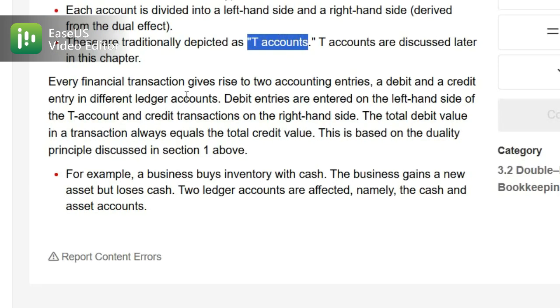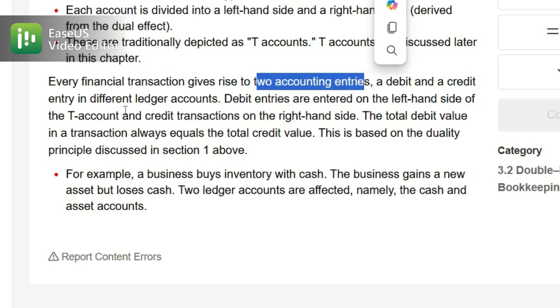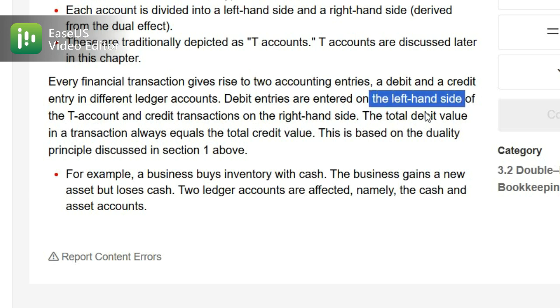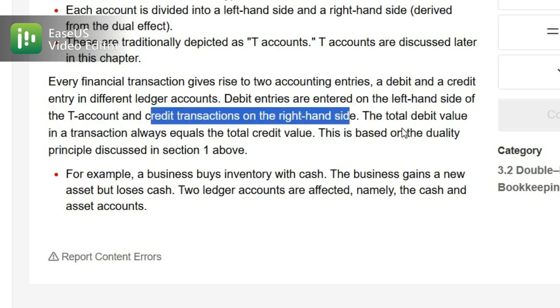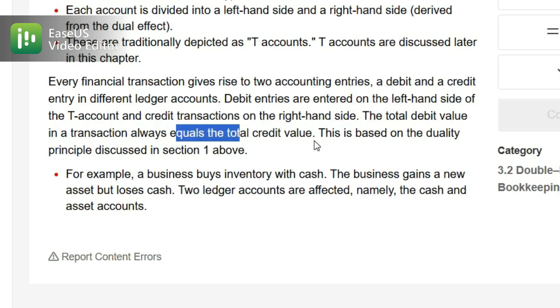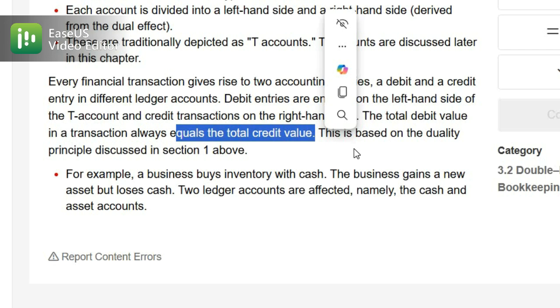Now, every financial transaction gives rise to accounting entries, a debit and a credit entry, in different ledger accounts. Debit entries are entered on the left-hand side of the T account, credit entries on the right-hand side. The total debit value in a transaction is always equal to the total credit value. This is based on the duality principle.